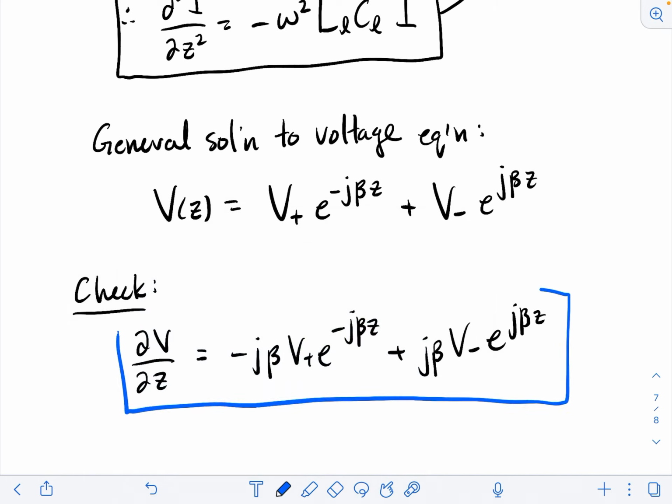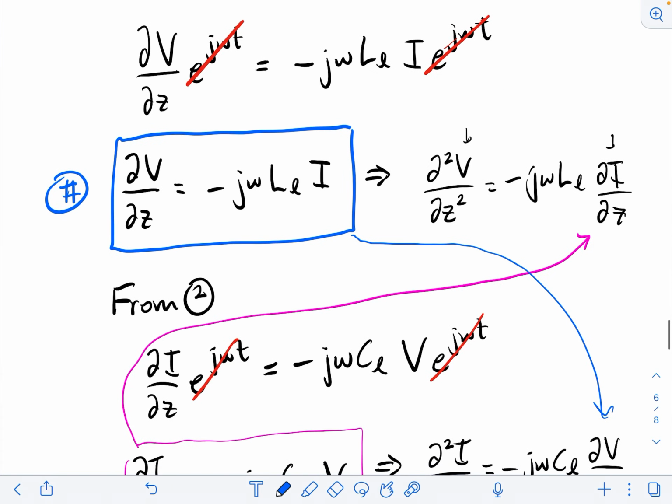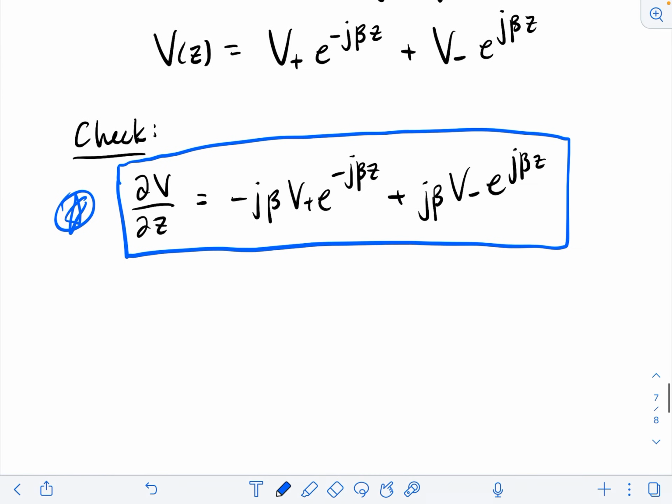We had an equation number sign above, which was an equation for the position derivative of the voltage amplitude. And now equation star is also a position derivative of the voltage amplitude. So equations number sign and star must be equal to each other, and we're going to make use of that fact a little later. But let's go back to what we're trying to do.